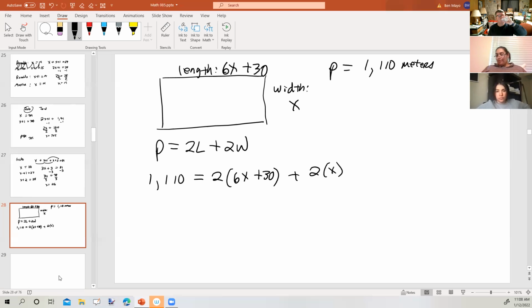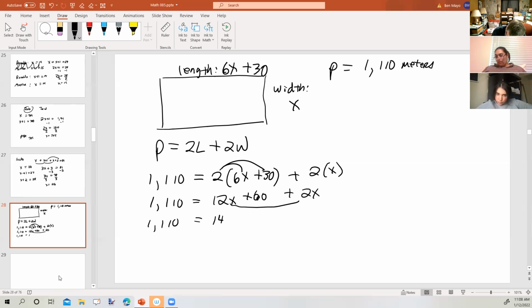Any questions yet? All right. So 1,110 equals, distributing, 12X plus 60 plus 2X. 1,110 equals 14X plus 60. I'm going to subtract 60 from both sides of the equation.